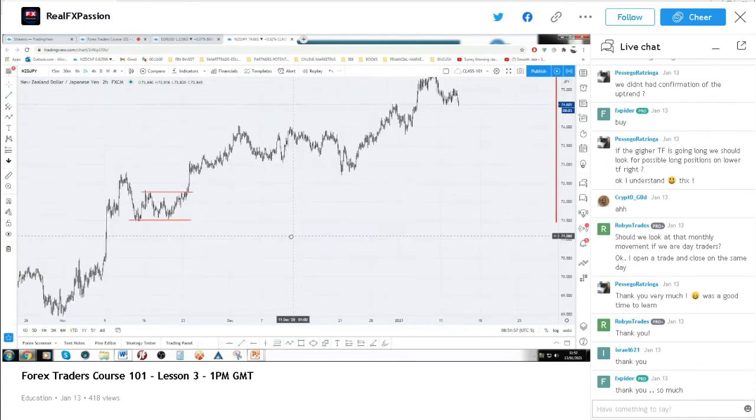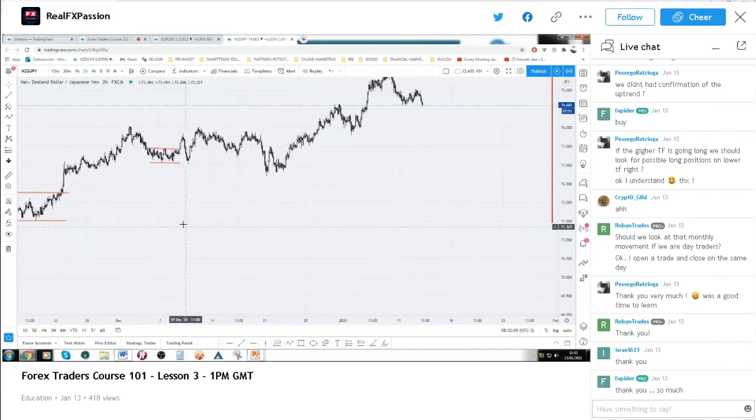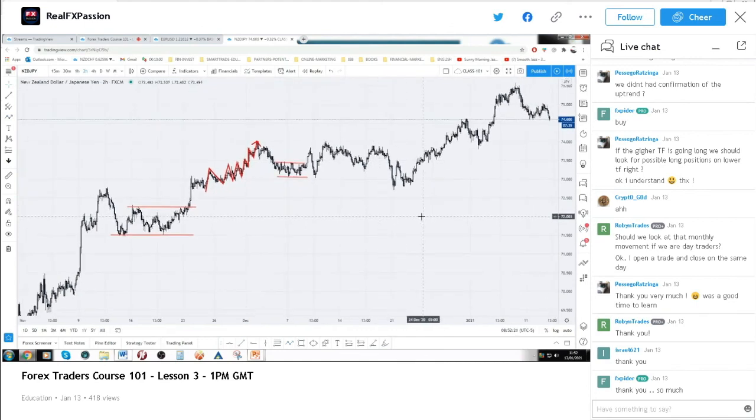Maybe I can spot some small consolidation in here. Then I can spot some uptrend, market making higher highs, higher lows, higher highs, higher lows, until up in here.